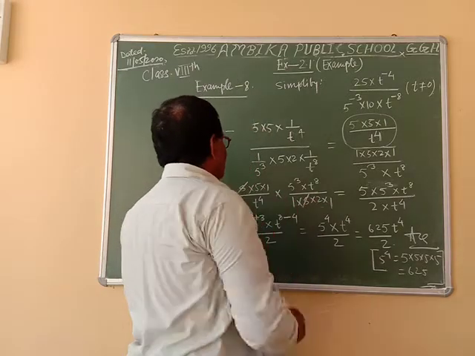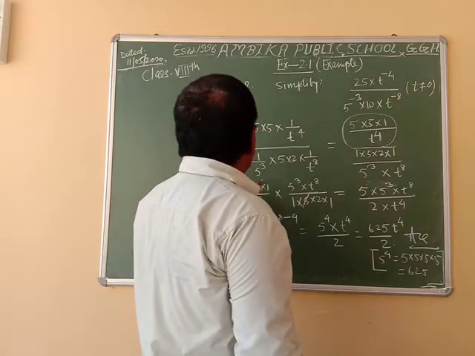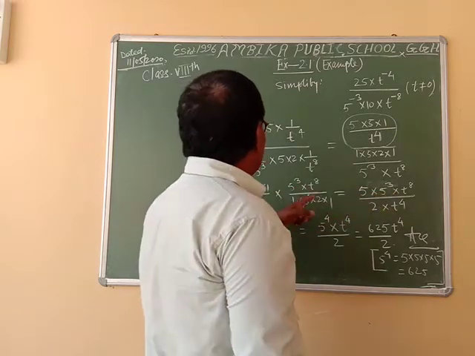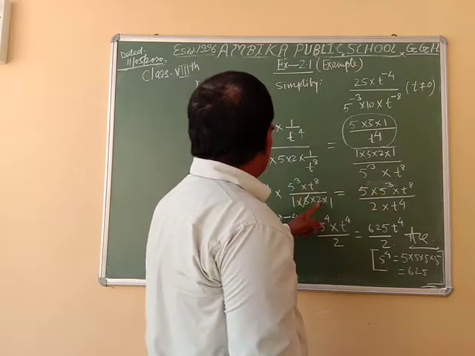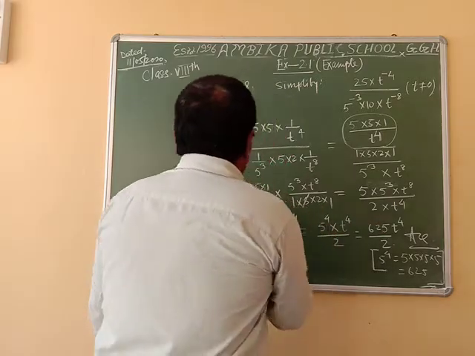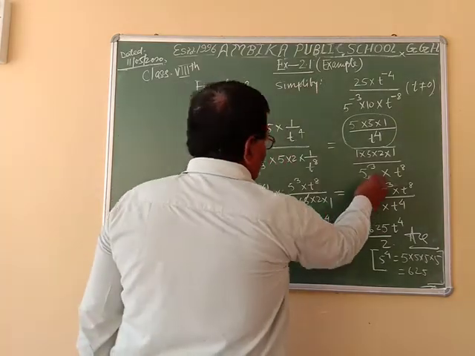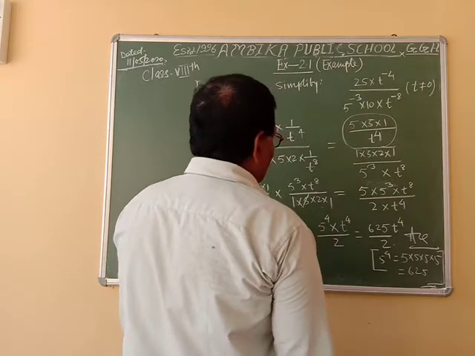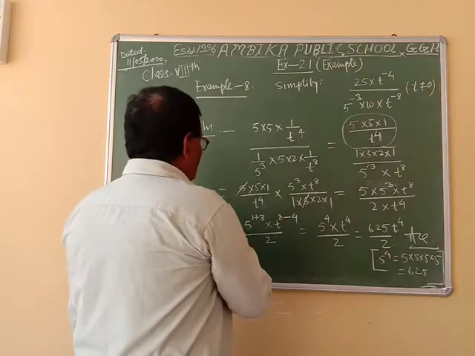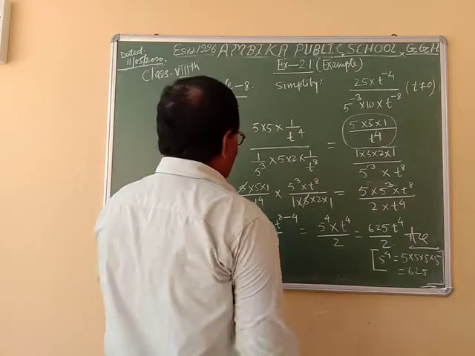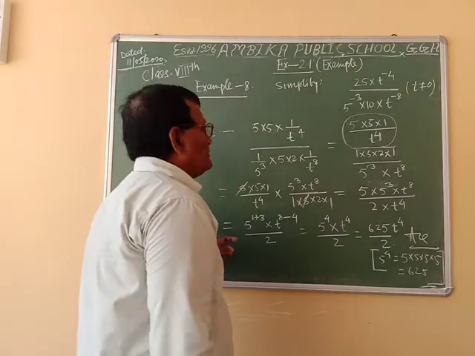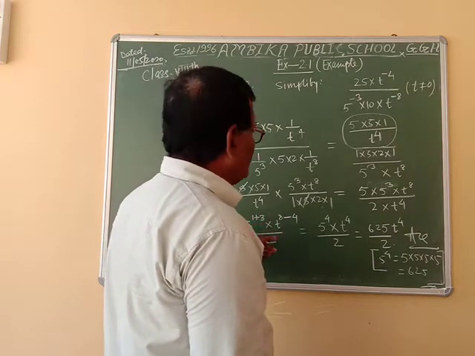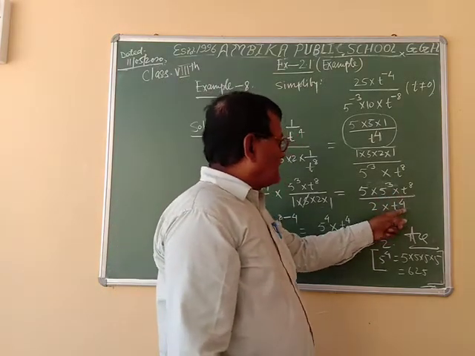Here 5 is cancelled. 5 to the power 1 into 5 to the power 3 into t to the power 8 by 2 into t to the power 4 is equal to 5 to the power 1 plus 3, because we have read a to the power m into a to the power n is equal to a to the power m plus n. So we can write 5 into 5 cube is equal to 5 to the power 1 plus 3, into t to the power 8 divided by t to the power 4.